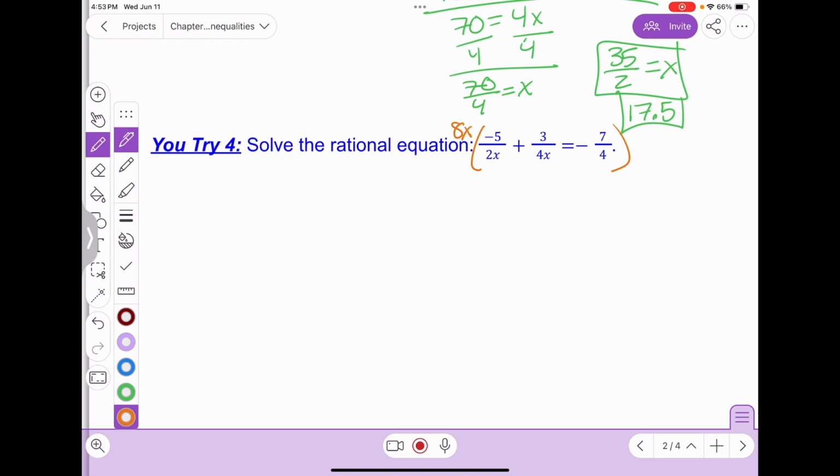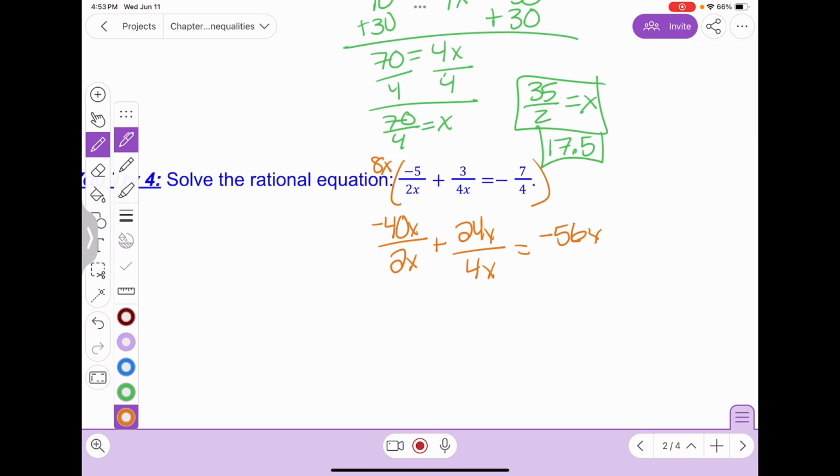Either thing will get you to the same answer. 8 times negative 5 is negative 40x. 8 times 3x is 24x. And then 8x times 7 is 56x. And there's a negative there, so don't forget to carry your negative sign.